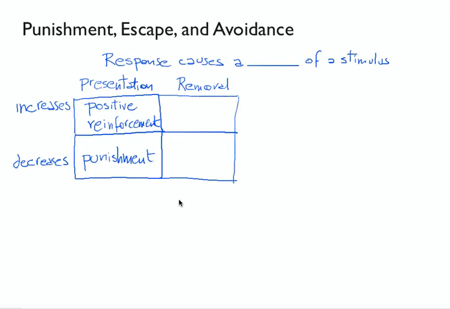Let's start with the simplest arrangement, which is that the response causes a removal of a stimulus, and such removal decreases the likelihood of that response. That is what we call oftentimes omission training.